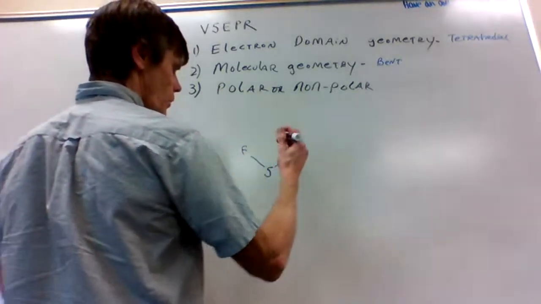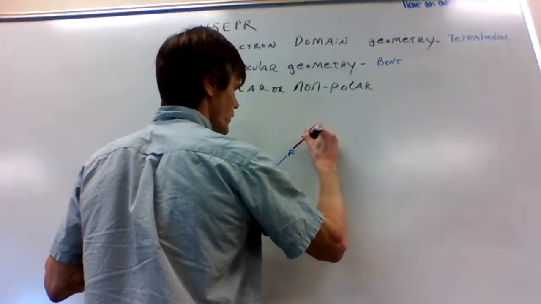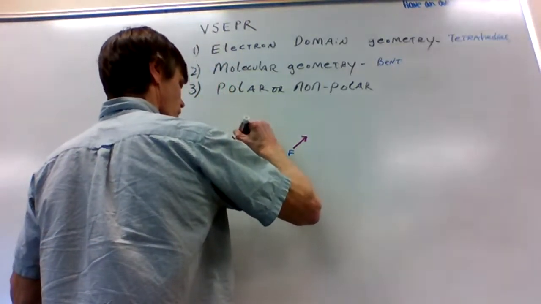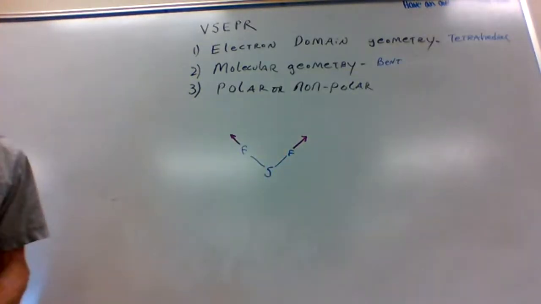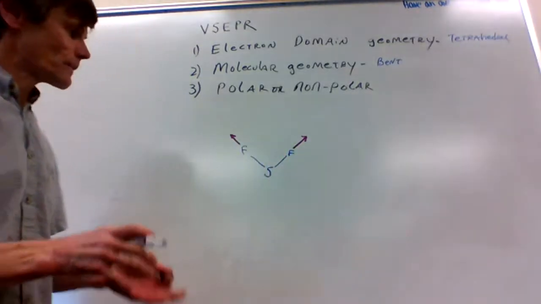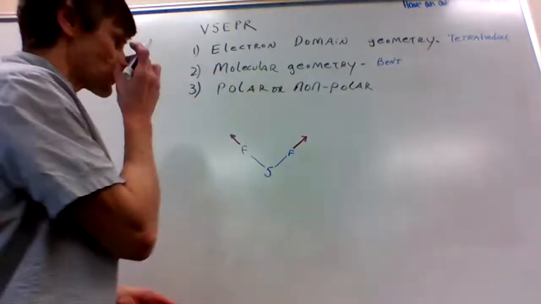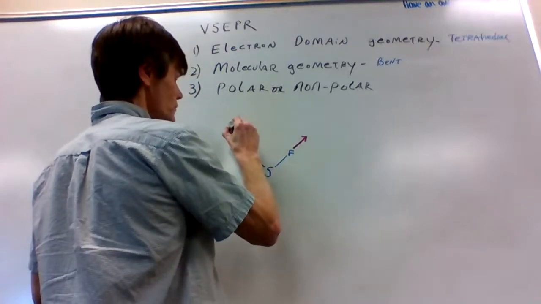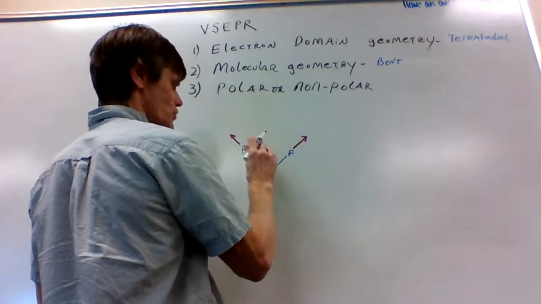Fluorine is the most electronegative atom, and we would see that it pulls electron density in that direction, and it also pulls electron density in that direction. And what we would recognize is that this molecule has a net distribution of electron density, and we can use vectors. We can draw these as vectors because these have direction and position.